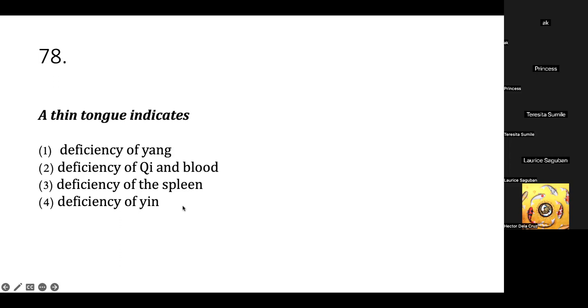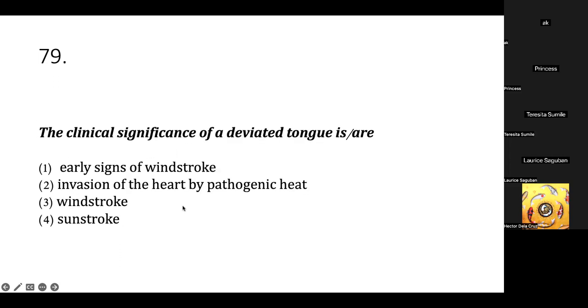So yung dalawa, hindi siya thin. 79. Sir, clinical significance of deviated tongue. Yan po yung wind stroke natin kanina, sir. So, B yun. Tapos, early signs of wind stroke. Sir, 1 and 3. Okay. Sa deviated tongue, stroke yan, wind stroke.